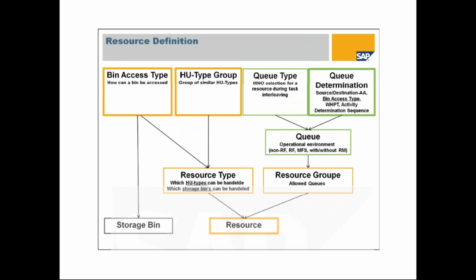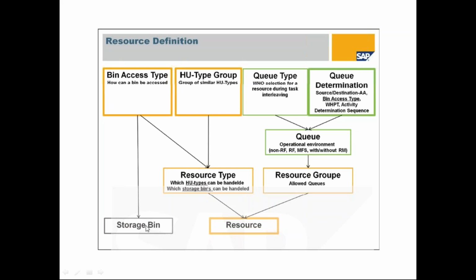Okay, see here, from here we came to here, these things. But finally, bin access type describes how a bin can be accessed. Ultimately, bin access type is storage bin.